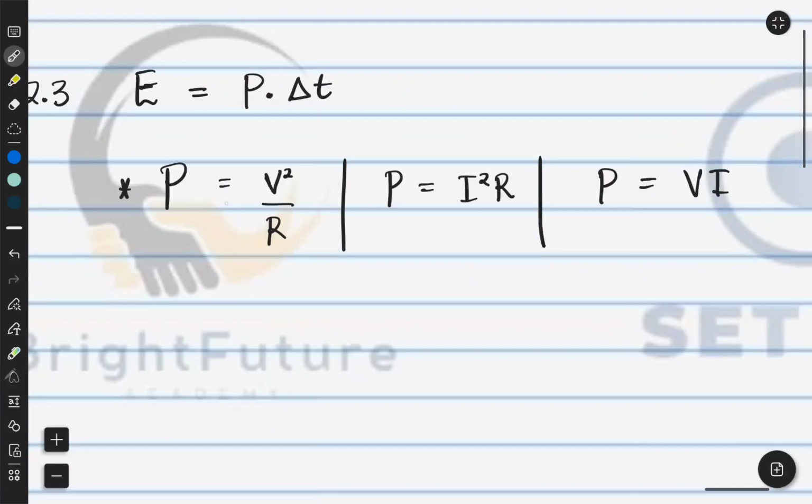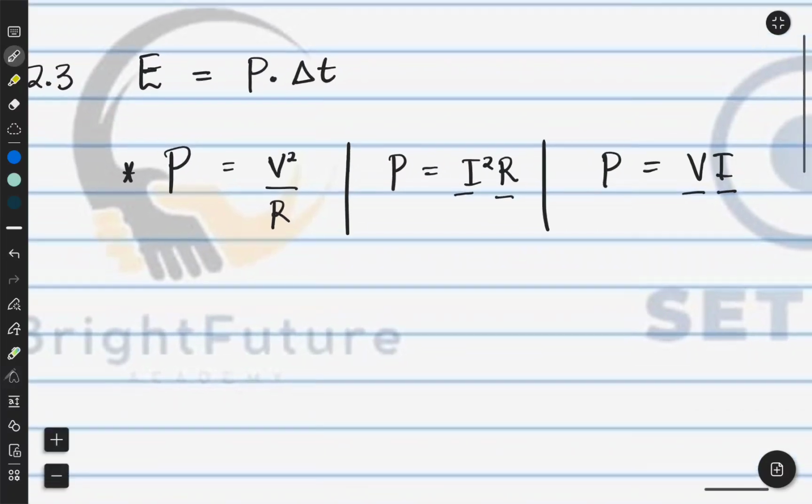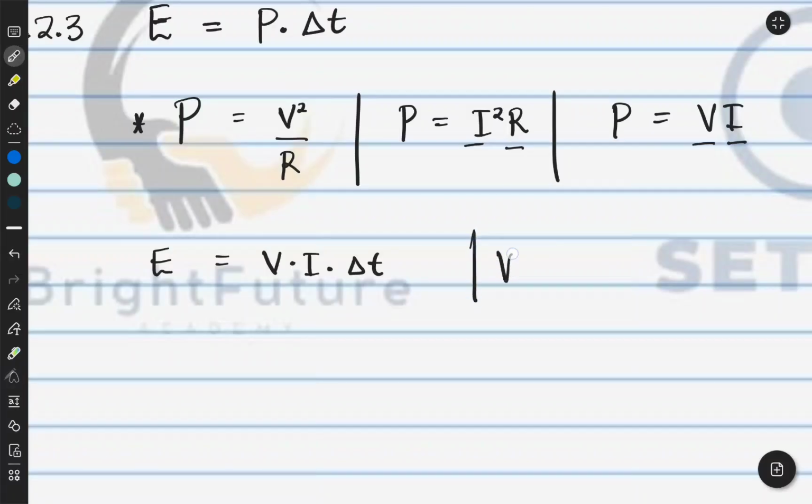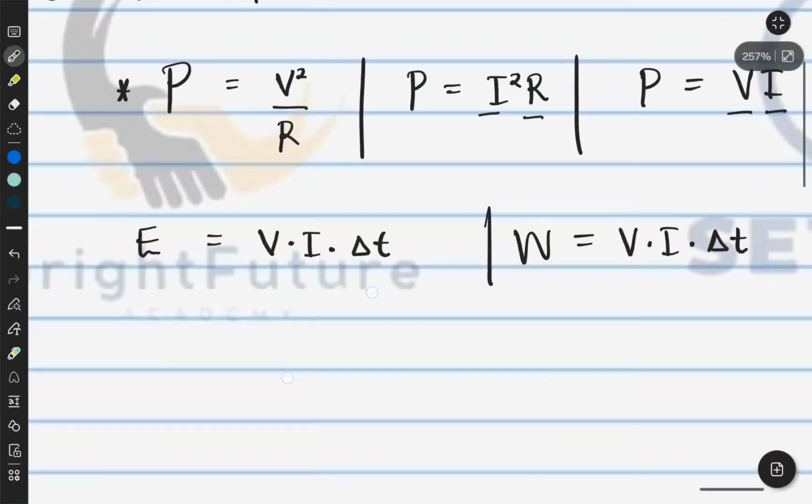In this case, we can use whichever one, because you have voltage, current and resistance, you have all of them for the 2 ohm resistor at least. So I'll choose the last one. I can say energy will be voltage times current times delta T. It's similar to that formula, voltage times I times delta T. You can use any of these formulae actually.